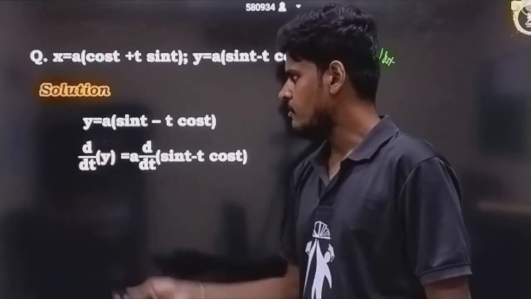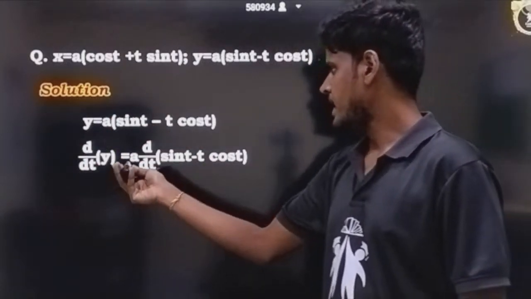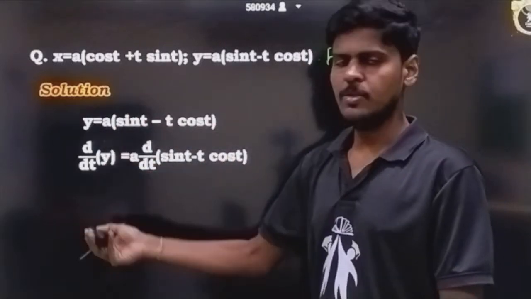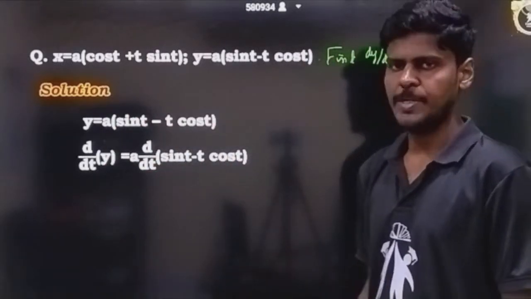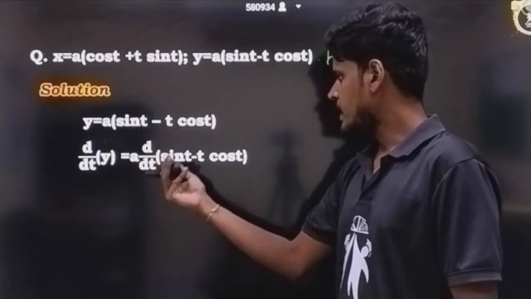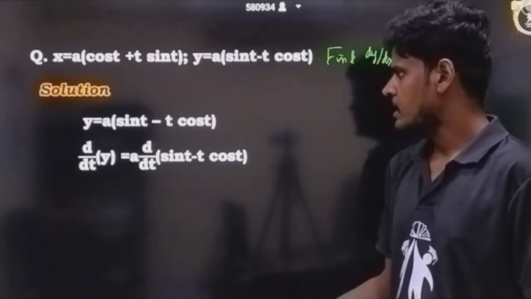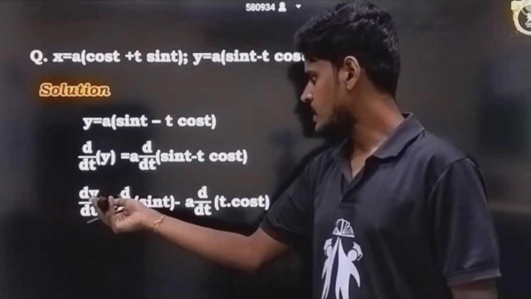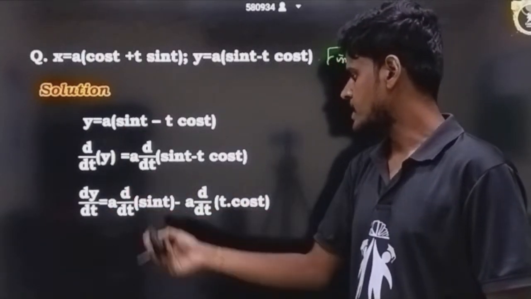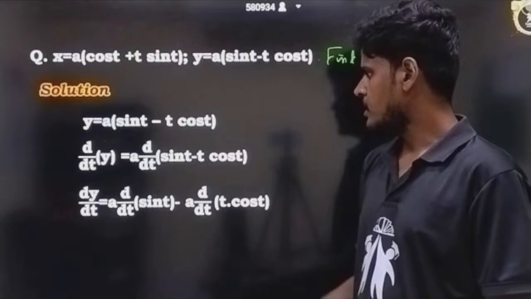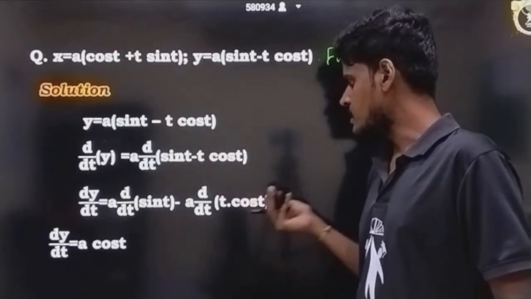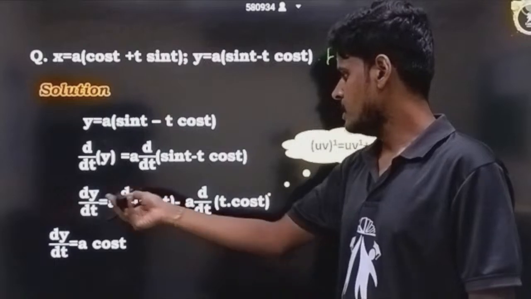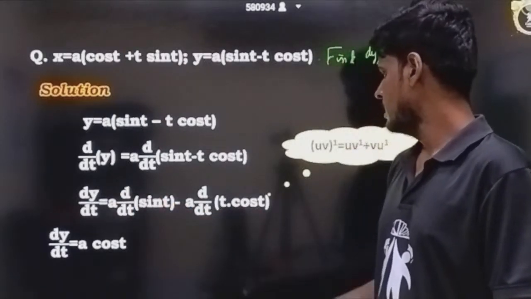So dy by dt will be equal to a into the differentiation of this term with respect to t. What is the differentiation with respect to t? Sin t differentiation is cos t. A is constant and it is outside. So the differentiation is a into differentiation of sin t minus a into differentiation of t cos t.